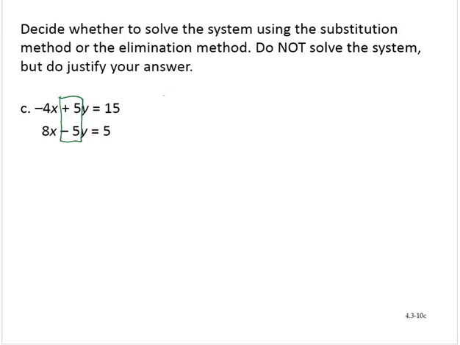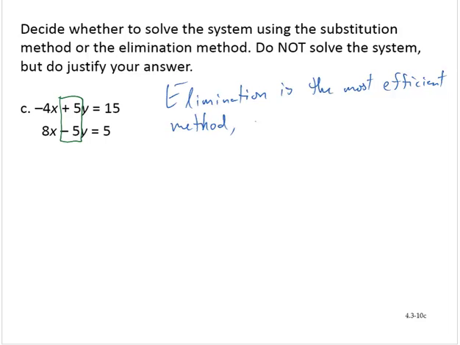So I would say elimination is the most efficient method here, as the y variables already have opposite coefficients.